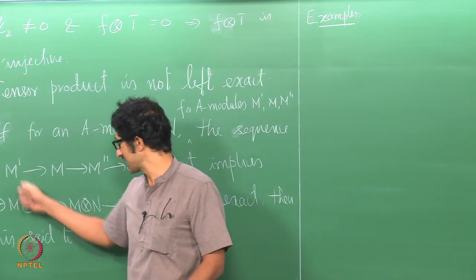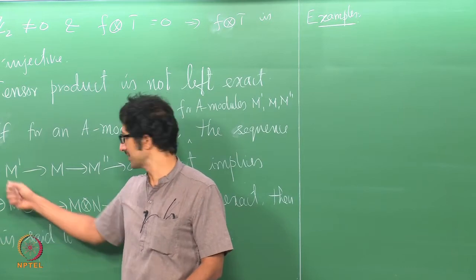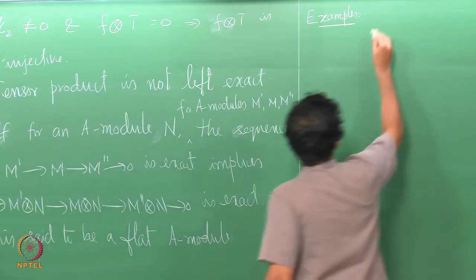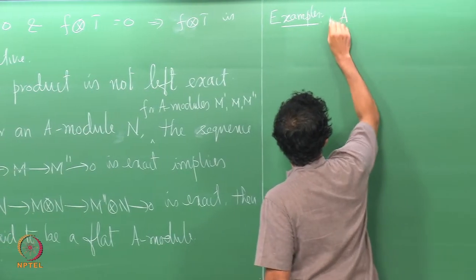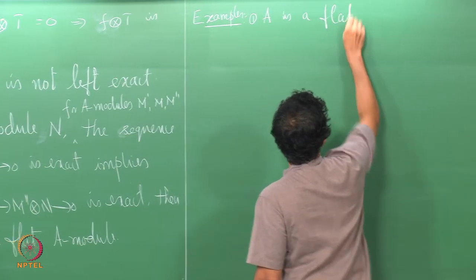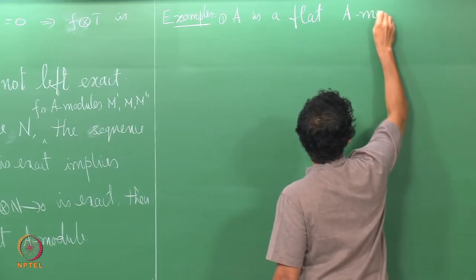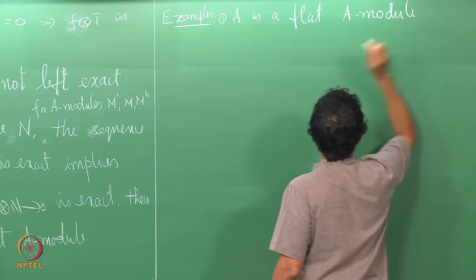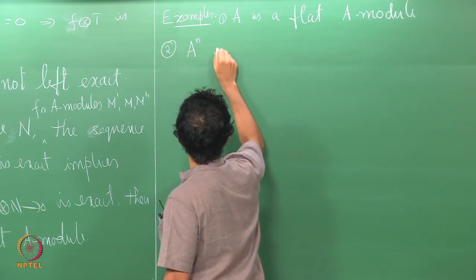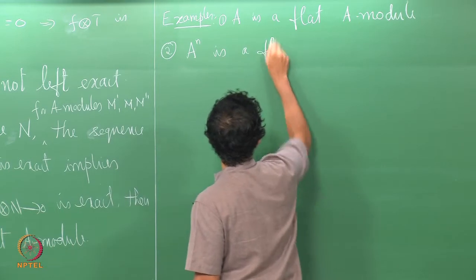So, this exact sequence will be the same as this exact sequence. So, this exact implies this exact. So, A is a flat A module. More generally, A power n is a flat A module.